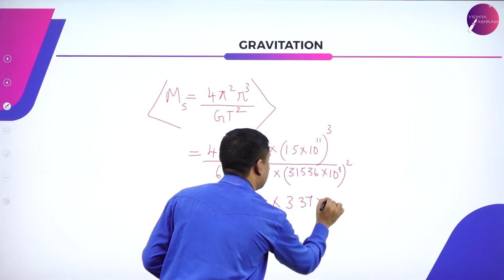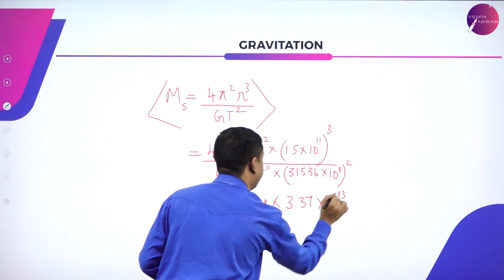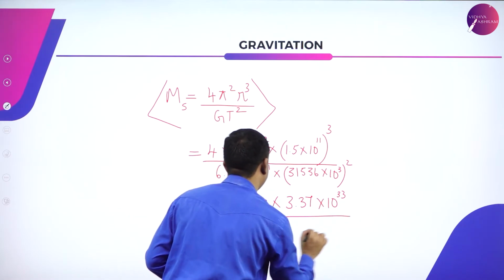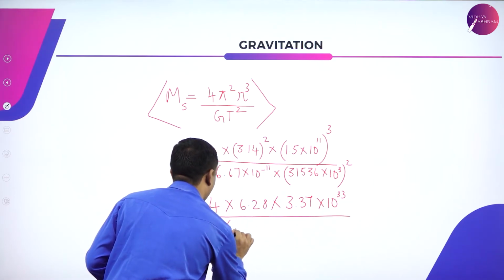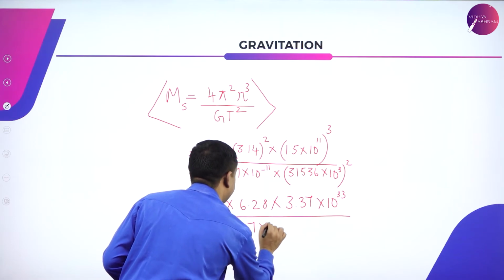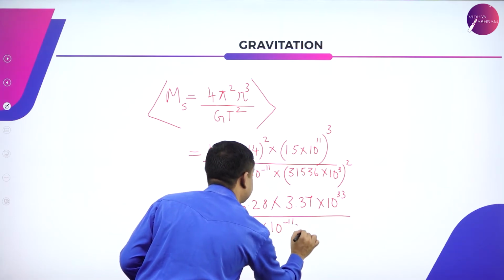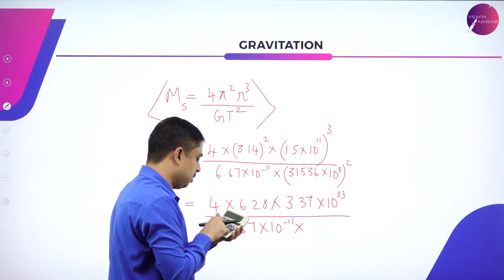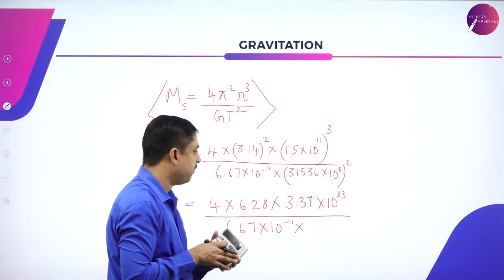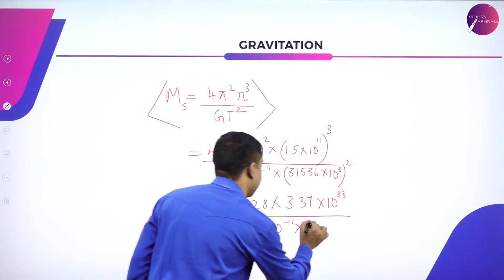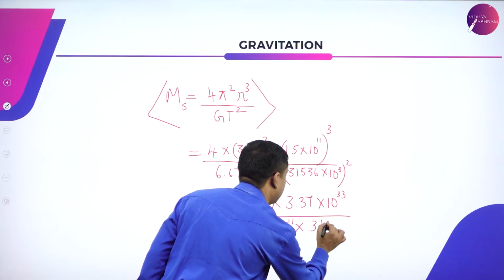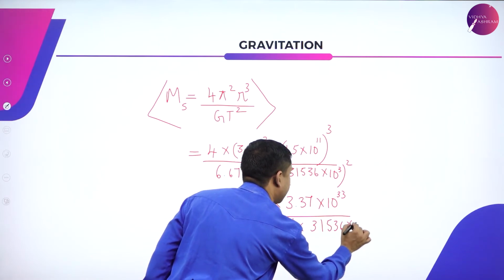3.37 into 10 power 33 divided by 6.67 into 10 power minus 11 into, when we simplify this, I keep it as it is. Use your calculators to simplify this.